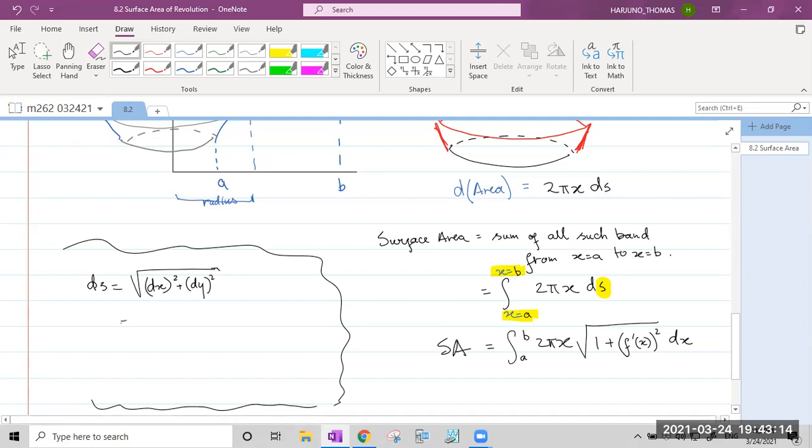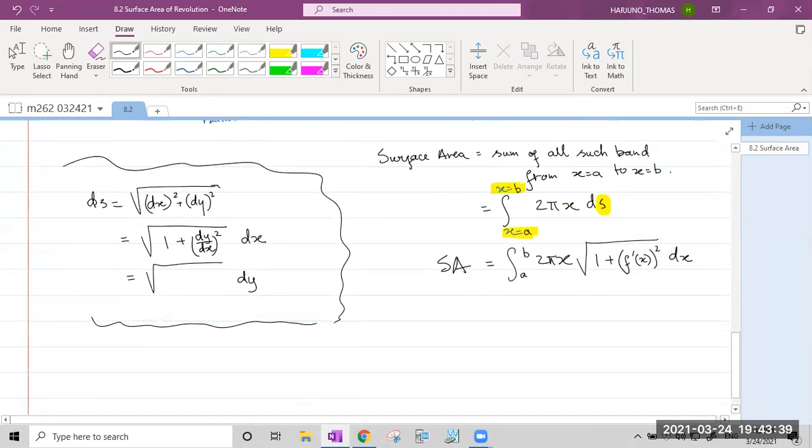Earlier I showed you how we modified this ds notation into 1 plus dy/dx squared, but that's because you factor the dx out, right? Now, if you end up integrating with respect to y later on, then you need to have the dy out, and therefore the modification inside is dx/dy squared plus 1 under the square root.